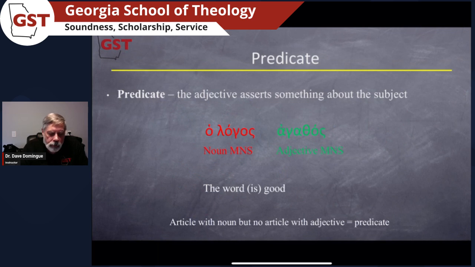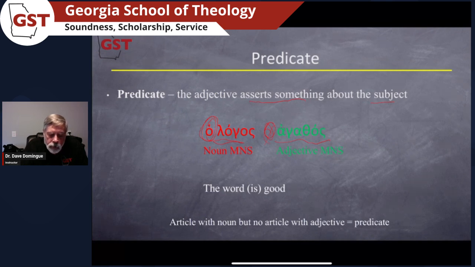It can function predicately. There, the adjective asserts something about the subject, right? So here we have ho logos agathos. Same sentence we saw before, except now there is no article with the adjective. What we have is the word has the article, and that's key. The word will have the article, and the adjective will not.